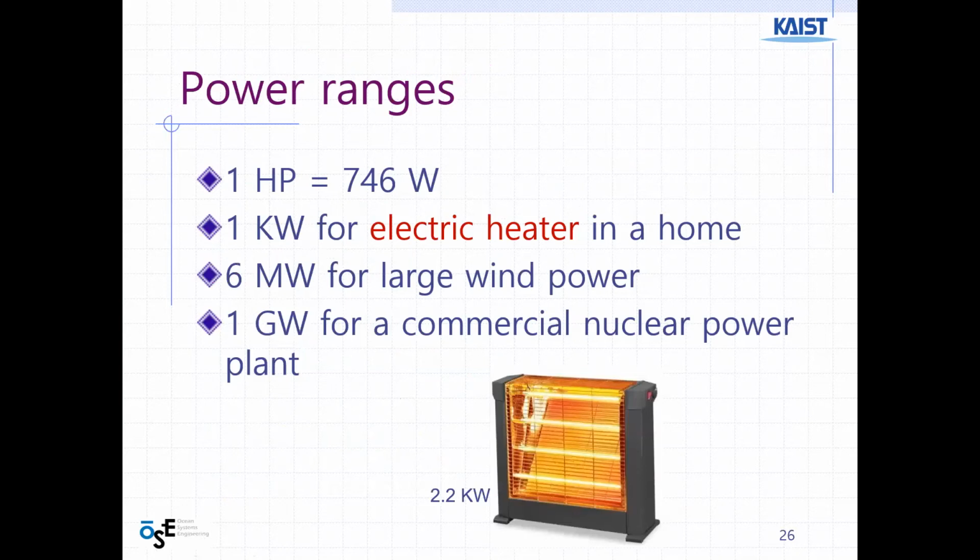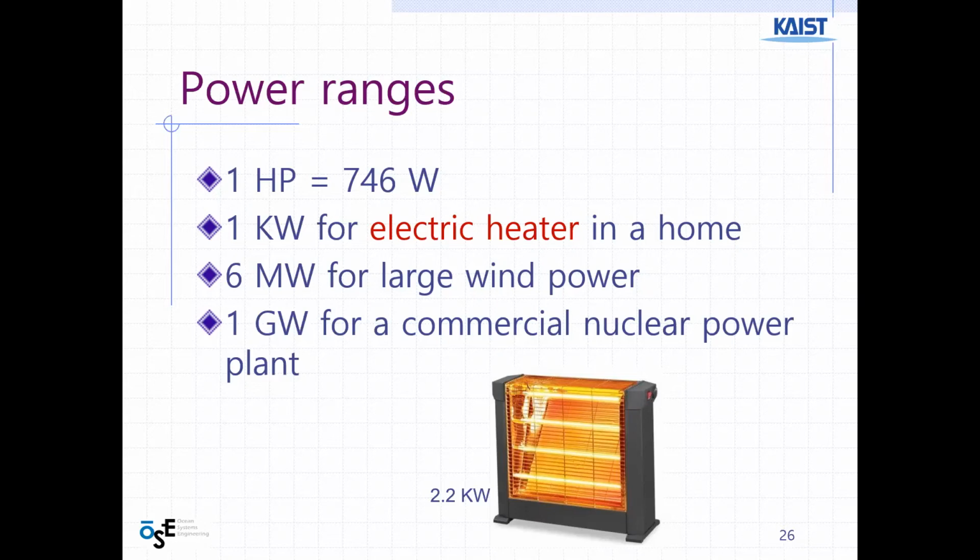So power ranges: 1 horsepower is about 750 watts, and 1 kilowatt for an electrical heater in a home. At the bottom there is 2.2, but the range is about the same order. So horsepower is about 1 kilowatt. Horsepower comes from the power of the horse, the animal.